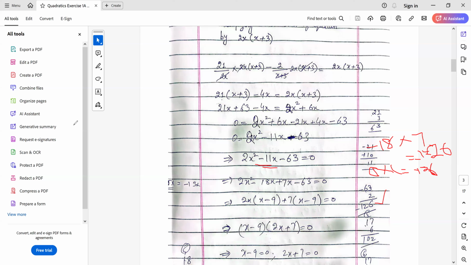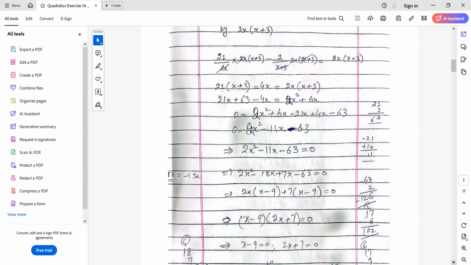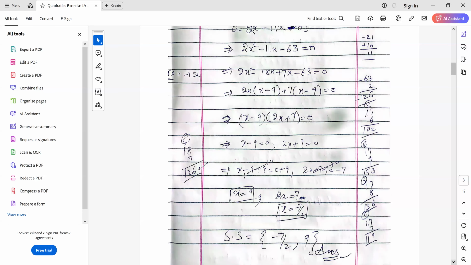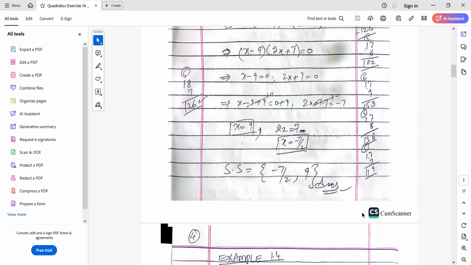We can solve the value of x from this product being equal to 0. And here is the complete solution along with the solution set.